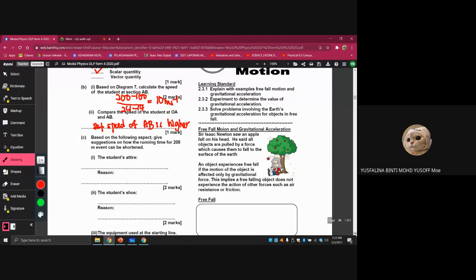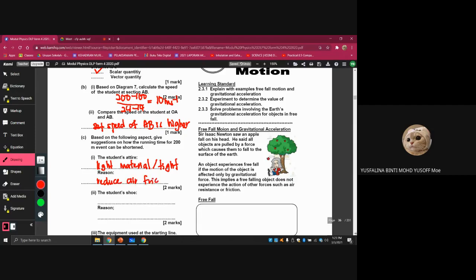So that one you just put light material. Don't put the name of the material, canvas or whatever. Don't put the name, but put the characteristic. And then another one is tight, to reduce air friction.